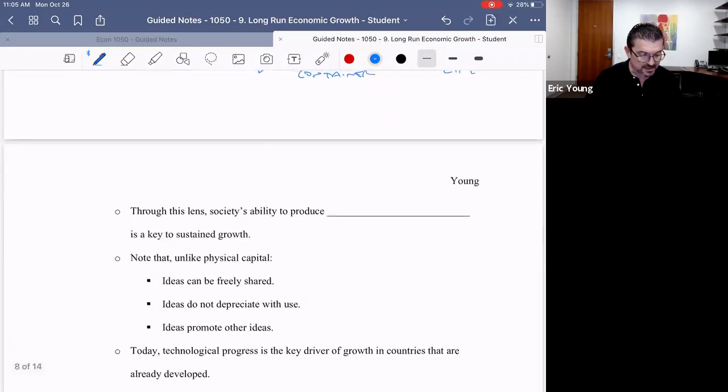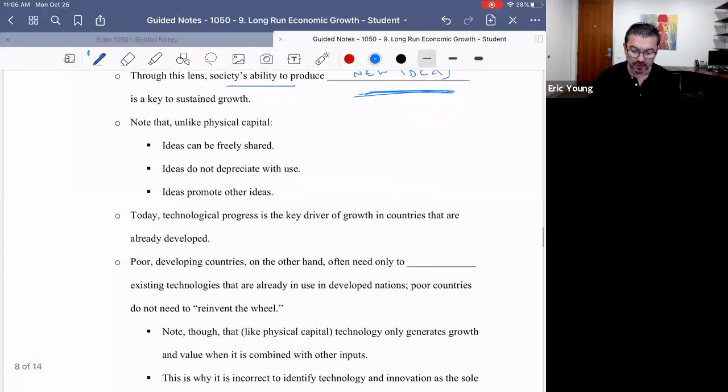Okay. Through this lens, one of the key things in modern growth theory is the idea that society's ability to produce new ideas is a critical key to sustaining growth. The ability to produce, think through, evolve, and iterate new ideas is crucial to sustain growth.